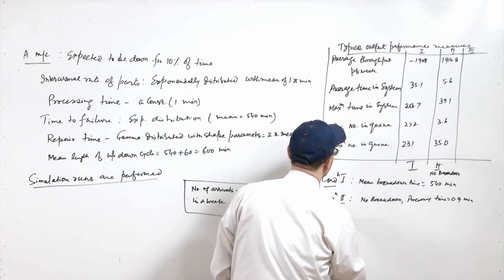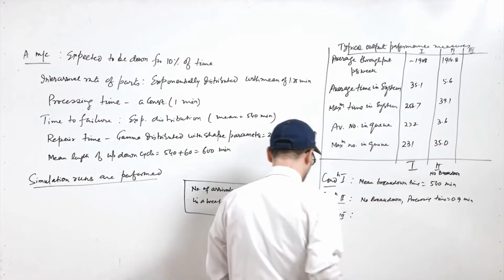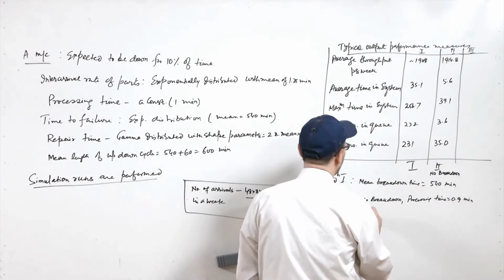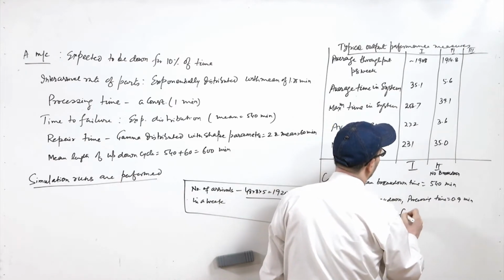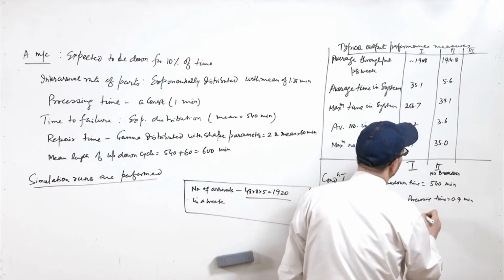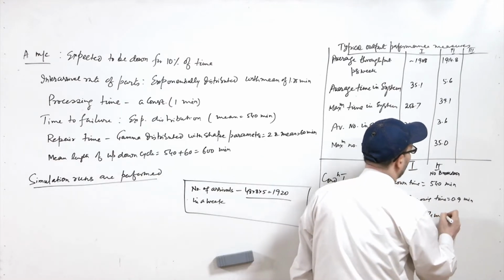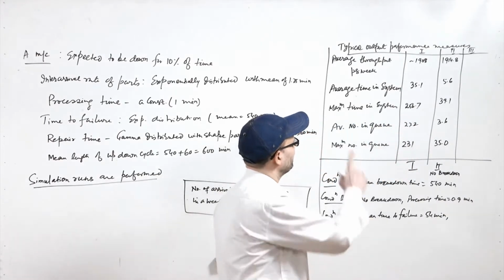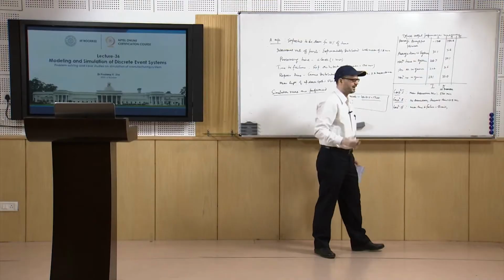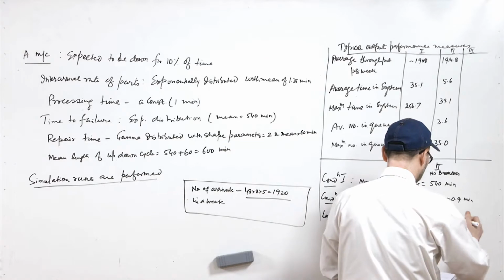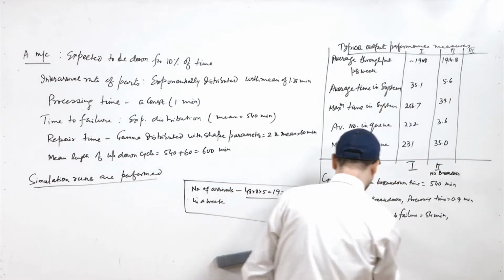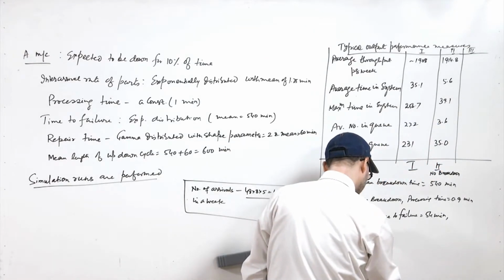So, condition 3 is: the mean time to failure is 54 minutes, and similarly you keep the repair time, that is the service time, as a mean of 6 minutes.